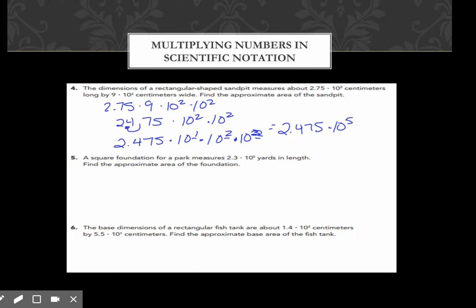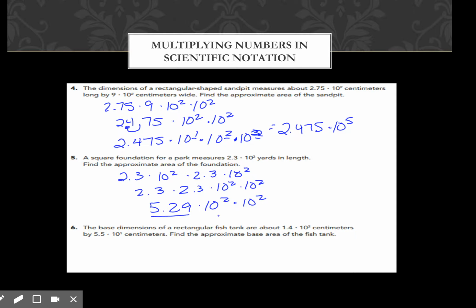This one is area, so I'm multiplying it by itself. This is already in scientific notation, so I'm just adding my exponents.